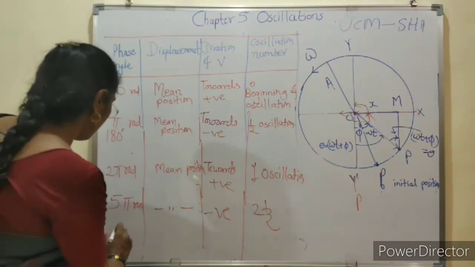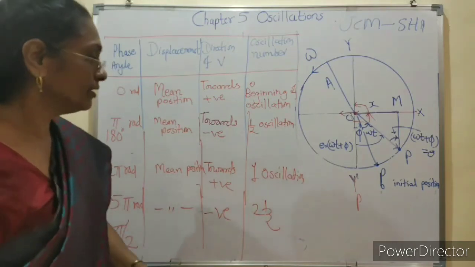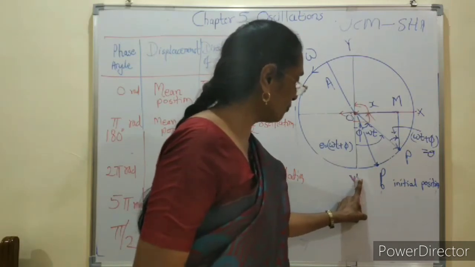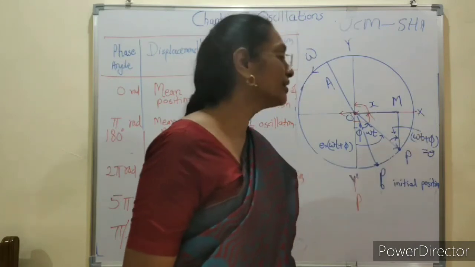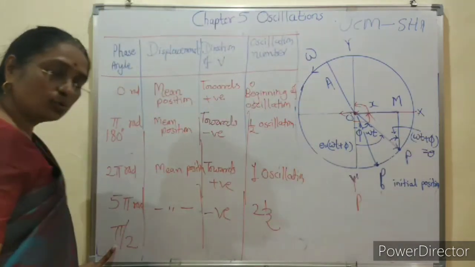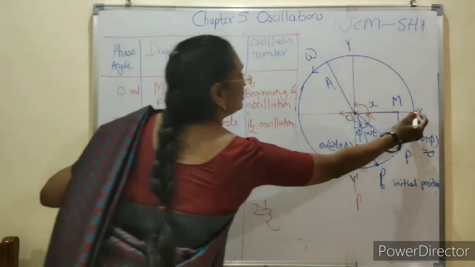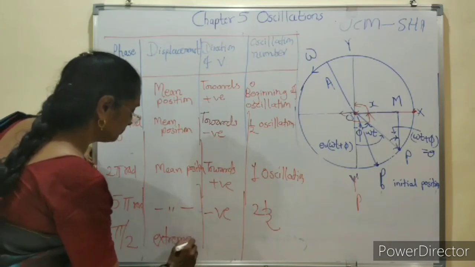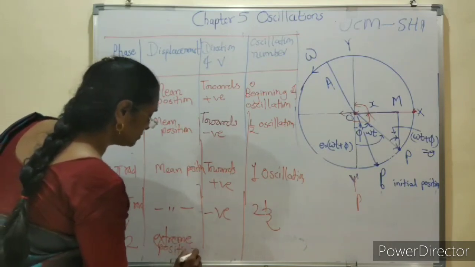We take one angle which is different, say pi by 2 radian. It means particle has moved this revolution from Y dash to X. Only this much revolution is there. This angle is pi by 2, but particle M is at position X, so it is at extreme position. Its displacement can be given by x is equal to a.